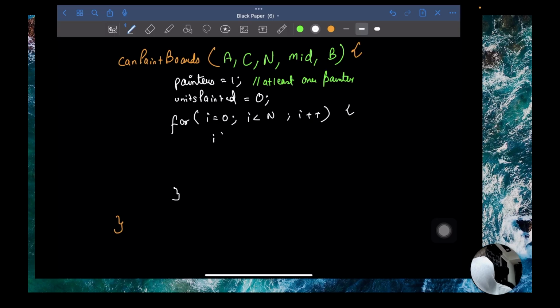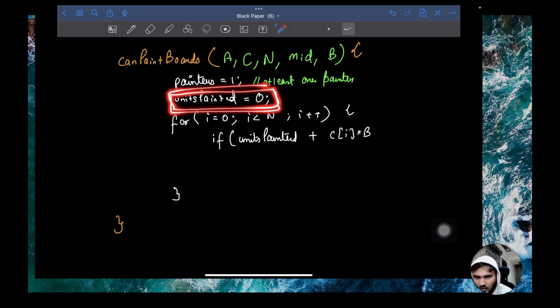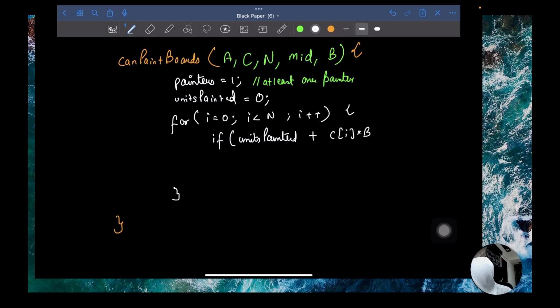We will say if units painted plus C of i into B, that is the previous set of units you have painted up till now, plus the new board that is going to be allocated, if the time taken for overall of that is greater than mid, see what I'm saying.